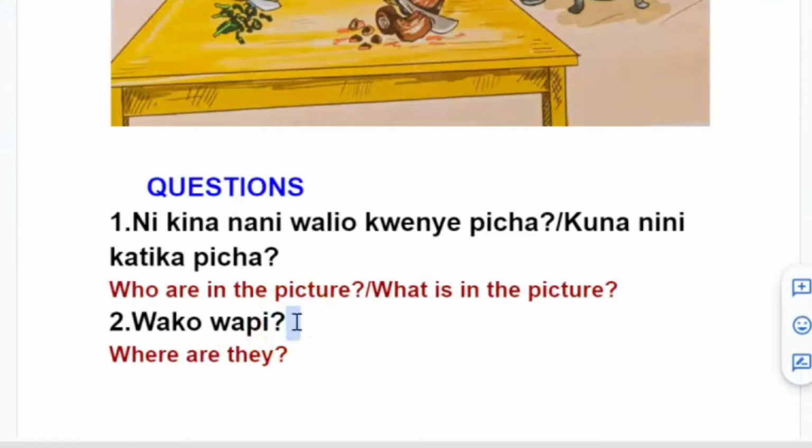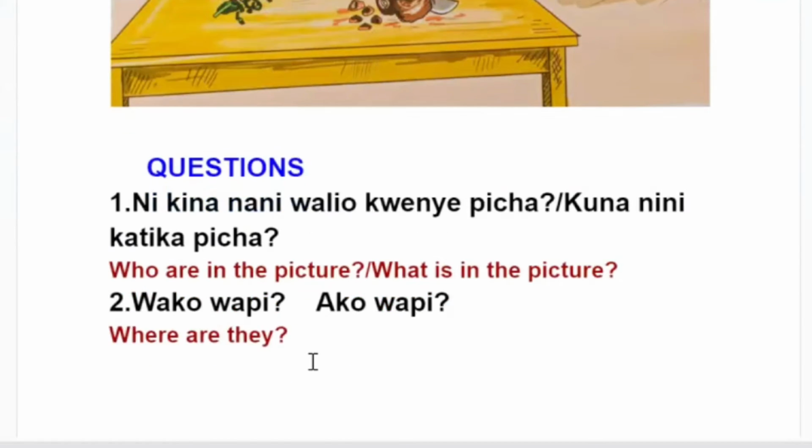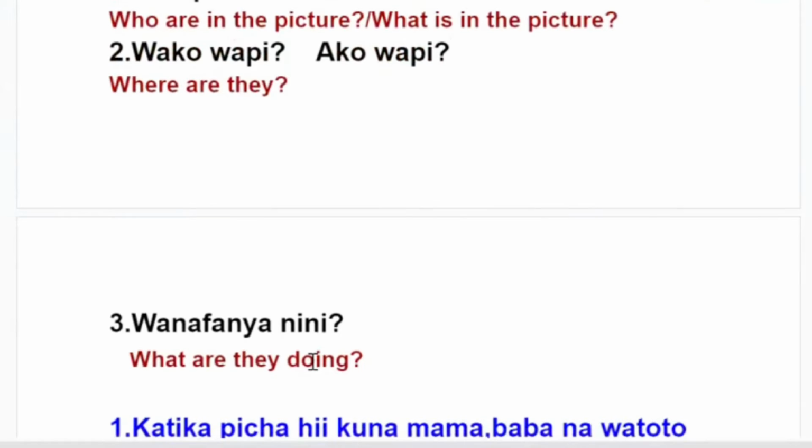But if it was just one person, I could have asked, ako wapi? Where is he or where is she? And the last question, wanafanya nini? What are they doing?